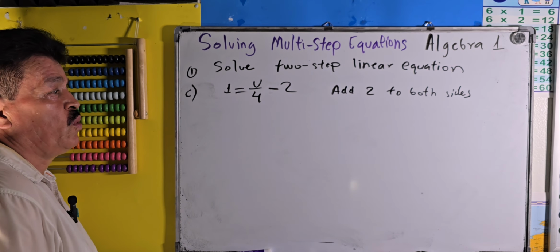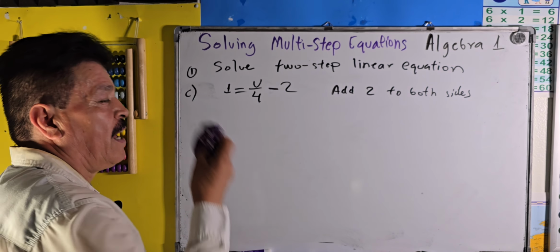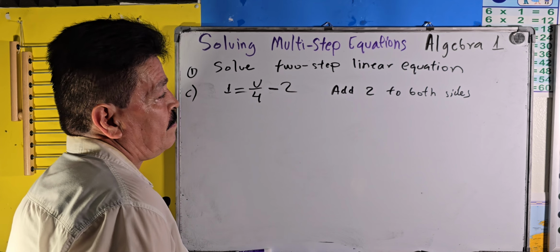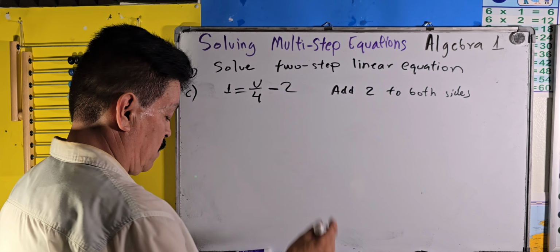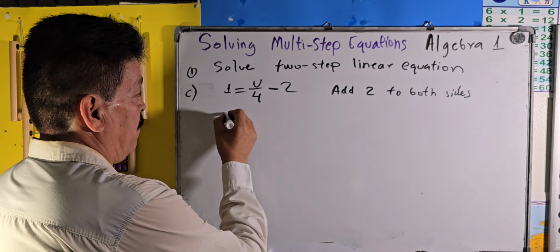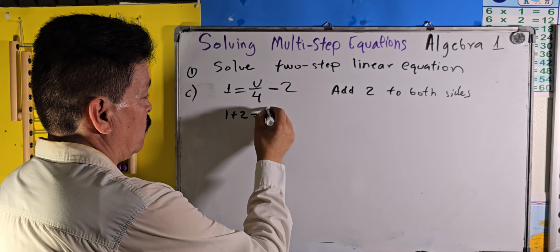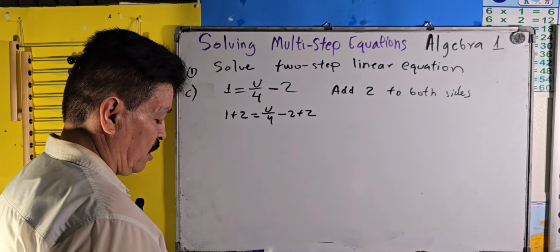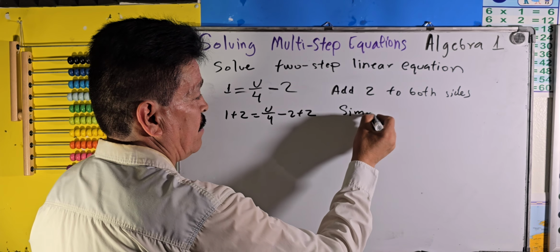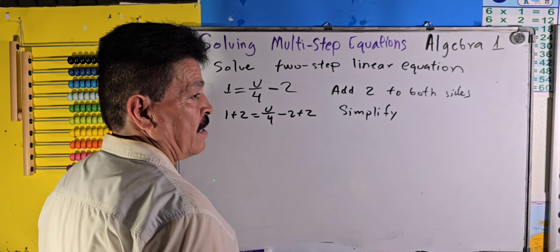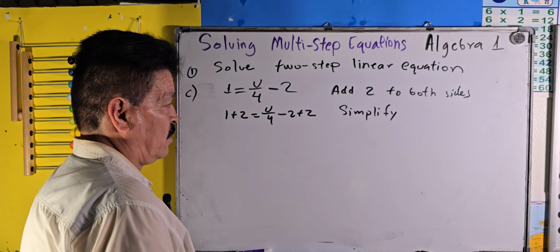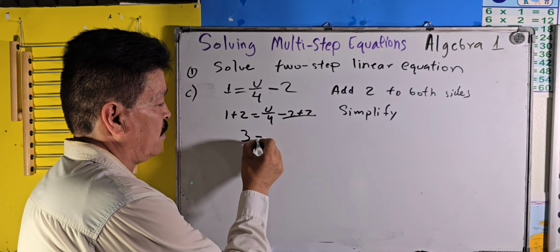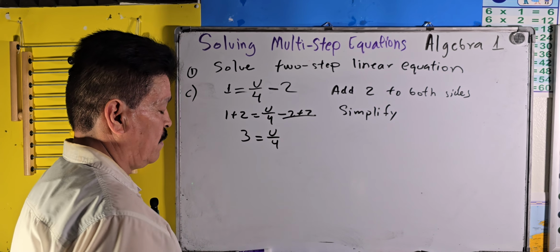Add 2 to both sides. So now we will have 1 plus 2 equals u divided by 4 minus 2 plus 2. So simplify here. If we simplify, just cancel this, and then we will have 3 equals u divided by 4.